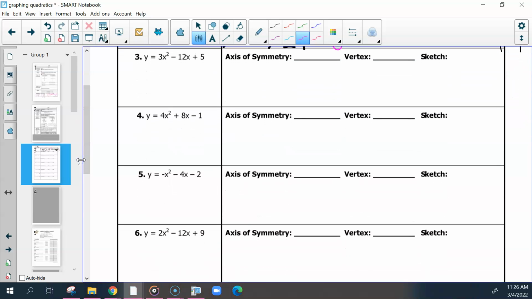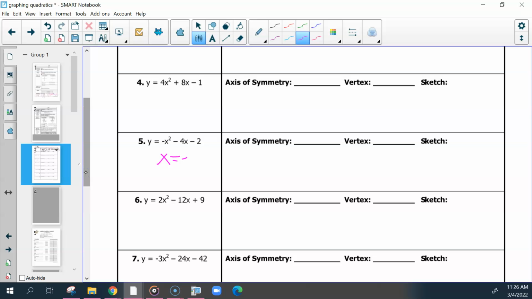Let's jump down to number 5 and do the same process. So here we would have a negative from our original formula, but our 4 is also negative, so that's going to change our sign.